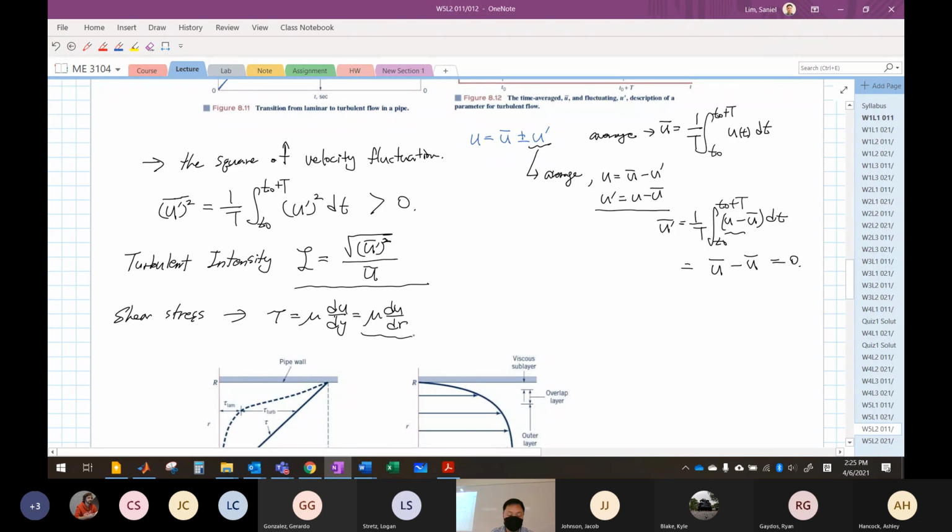Then in the turbulent flow, you have to define it a little differently. You have the same portion of the laminar flow here, then you have a different product of the velocity, this is u, by the way.